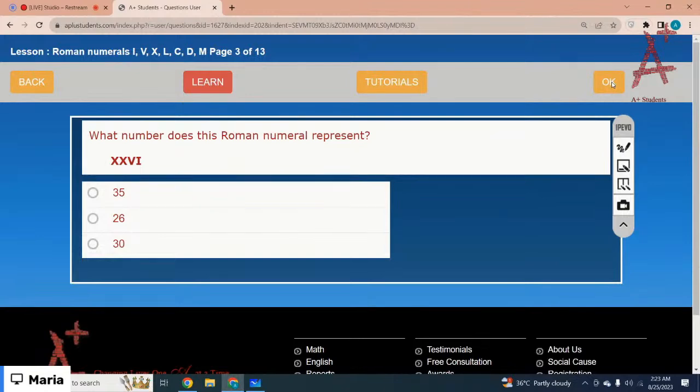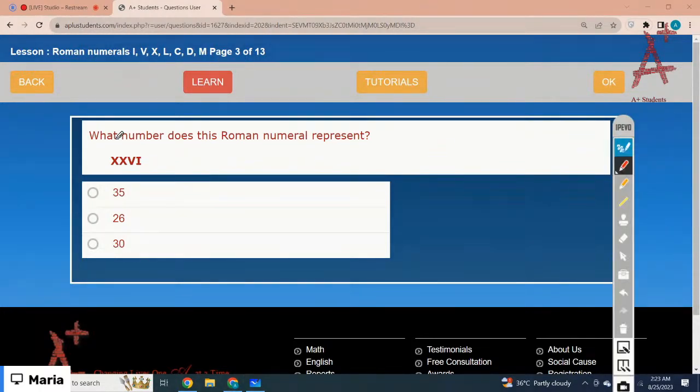What number does this Roman numeral represent? Okay, you are given now a Roman number, you have to see which number it represents, right? For the X you have 10. For the X you have again 10. V is 5 and I is 1. It would be 10 plus 10, 20, plus 5, 25, and 1, 26.